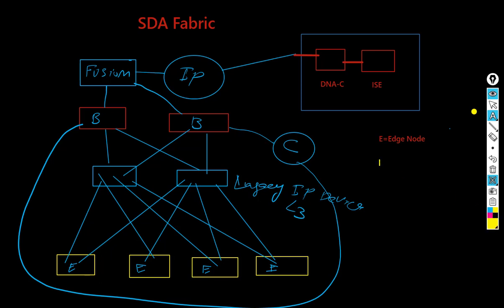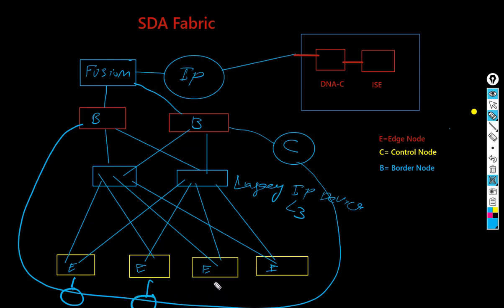Some of the other components of the fabric, just to recap: inside the fabric we have edge nodes, control nodes and border nodes. As I said earlier, the edges are where all the endpoints connect, and the control nodes keep the control plane via LISP. We're going to take a look at LISP and VXLAN in detail in our coming videos.